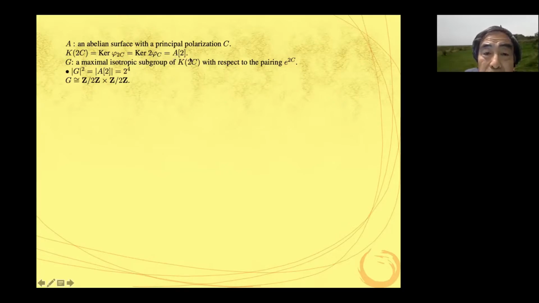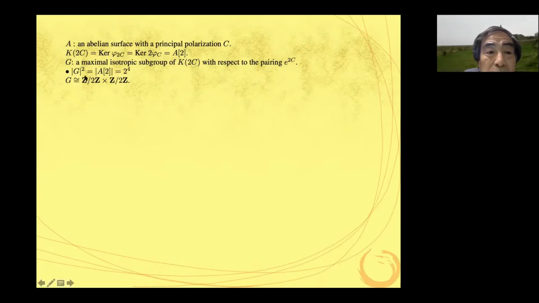So this is just equal to the group of 2-torsion points. And we consider G: we take a maximal isotropic subgroup of K2C with respect to this pairing, and we denote it by G.